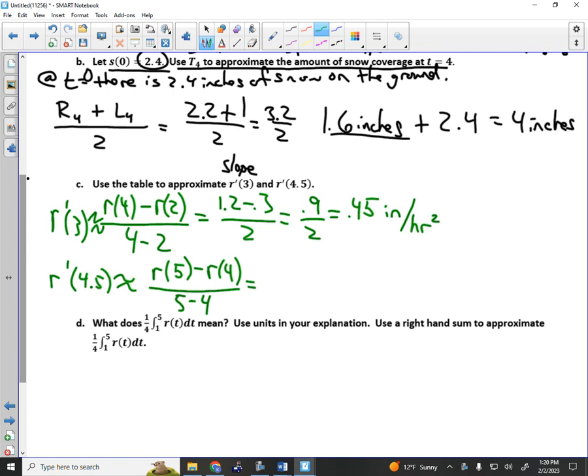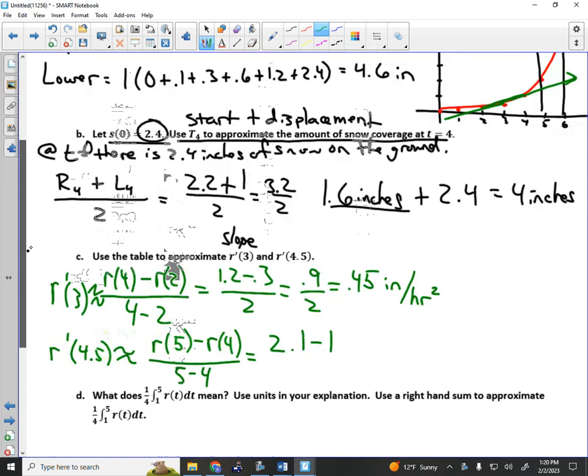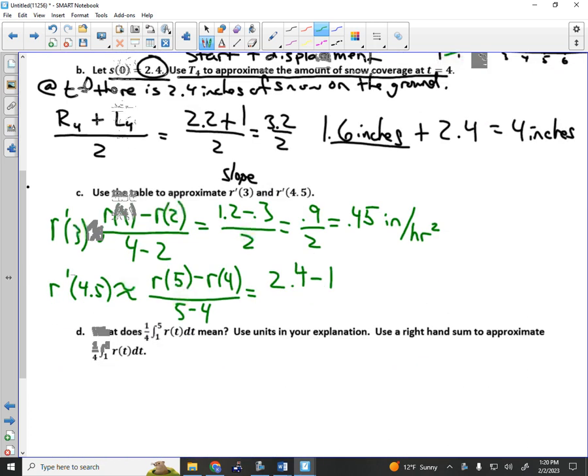What is R of 5? We got 2.4. It's 1.2 over 1, or 1.2 inches per hour squared. So that's how fast the rate is changing. So the rate of snow is accelerating. You're bringing more snow in.